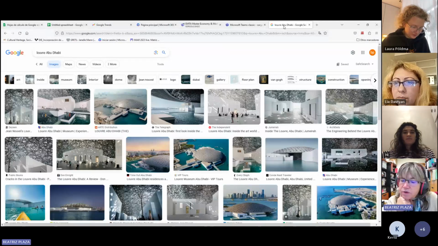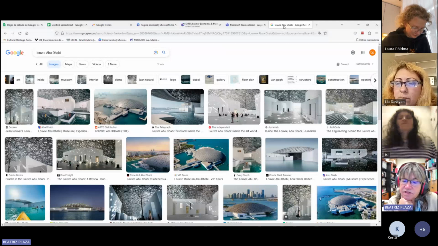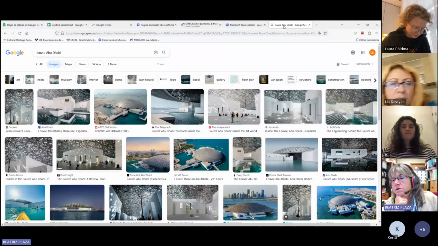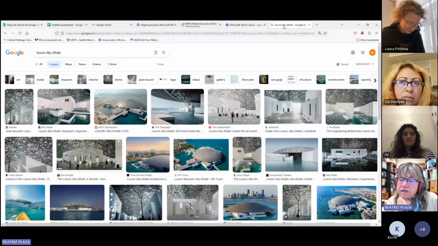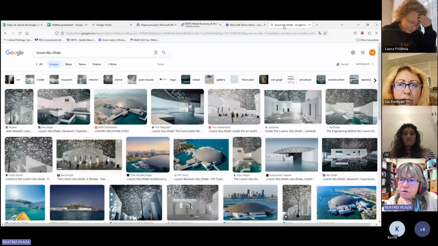Okay, a Pritzker Prize winner, okay? So these big projects, normally, they are designed by Pritzker Prize architects, okay? So this is a Pritzker Prize piece of architecture by Jean Nouvel, and it is located in Abu Dhabi. Abu Dhabi, as you know, is the capital city of the Emirates.